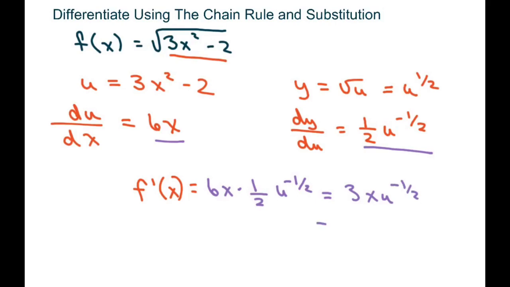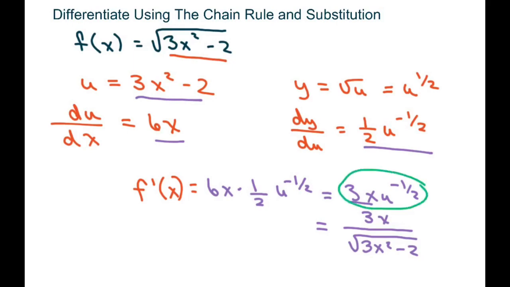Now, writing this out, this goes in the numerator. That's 3x, and then we have the square root of u, or u to the 1/2. My u happens to be 3x squared minus 2. So again, this part right here, that would just be 3x over u to the 1/2, and then my u happens to be 3x squared minus 2.